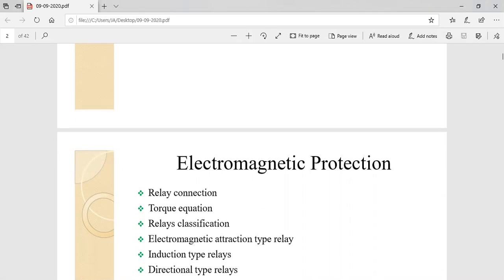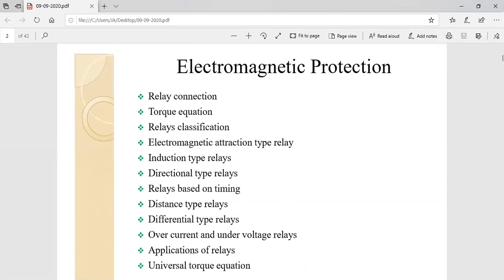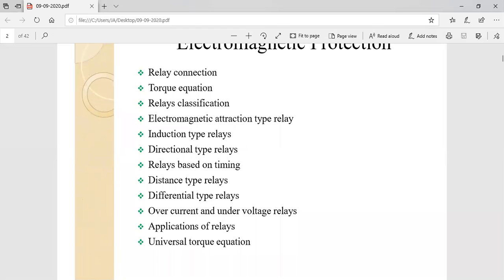We also saw some terminology related to relays, like what is operating time, what is restraining, what is operating torque, and what is reset value.